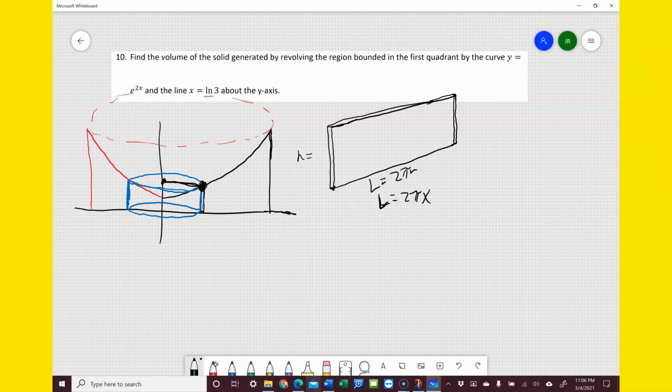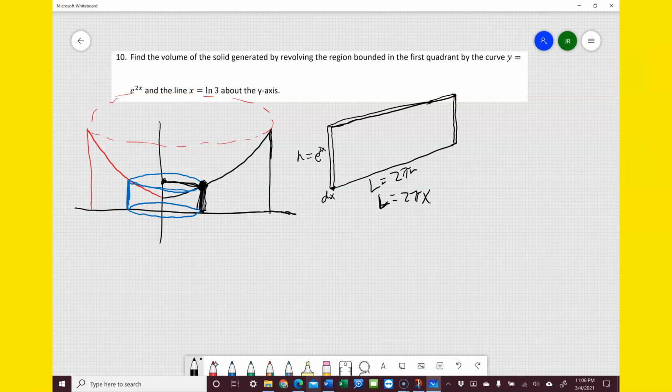The height of this rectangle is the y coordinate of this thing. That's the height of that cylinder, which is the y coordinate, which is e to the 2x. And the thickness of this thing, or the width, whatever you want to call it, is this just barely thing, which is dx.